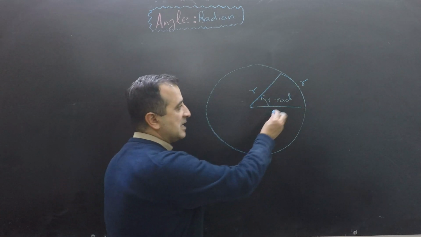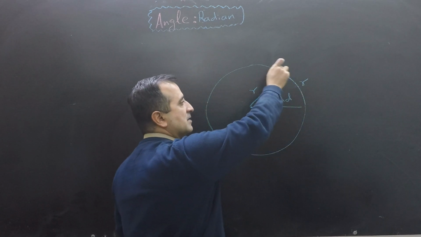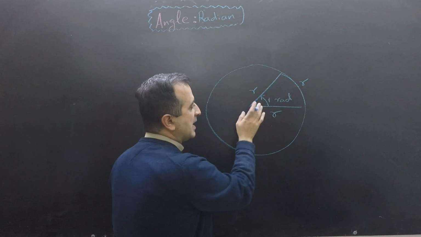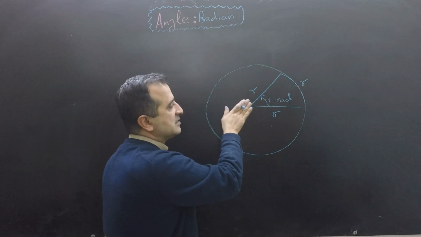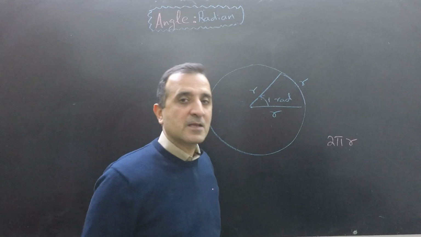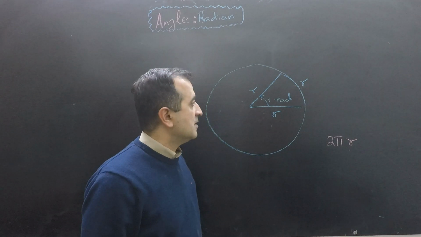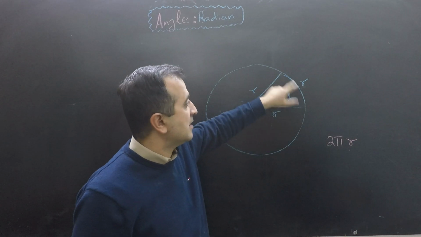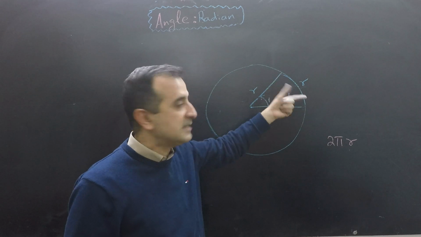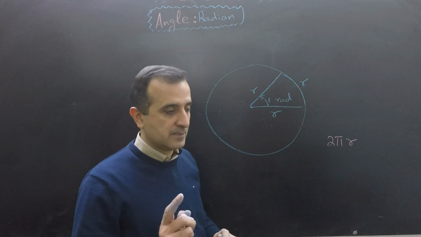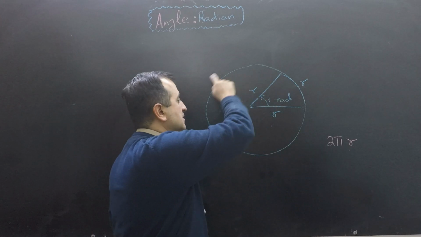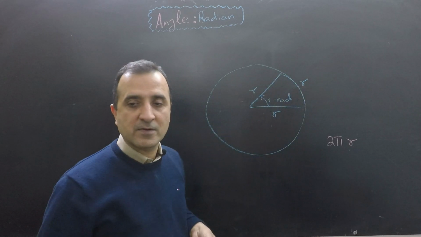But if we travel on the circle distance r, then the angle between the first ray and the second ray is 1 radian. Then the question can be asked: how many radians will this whole circle have?